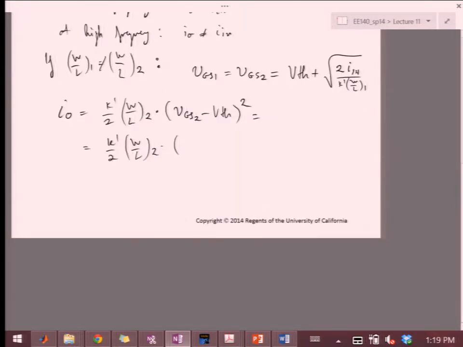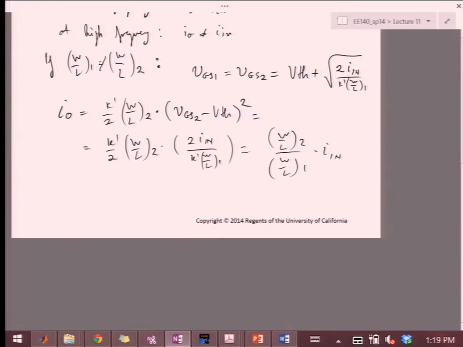VTH cancels out, and then the square cancels the root, so I get 2 I in over K prime W over L1. From here you see that I out is really just the ratio of the sizes times I in.